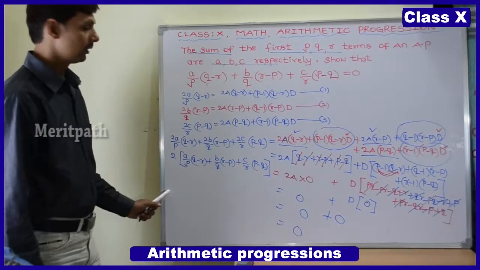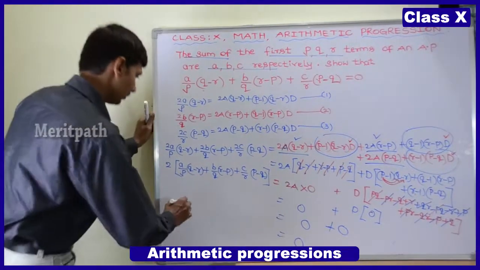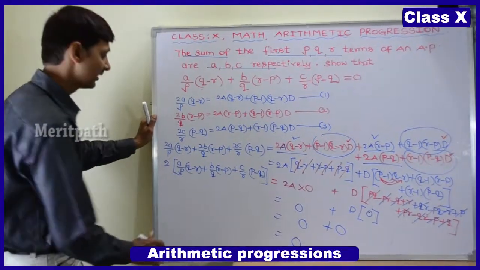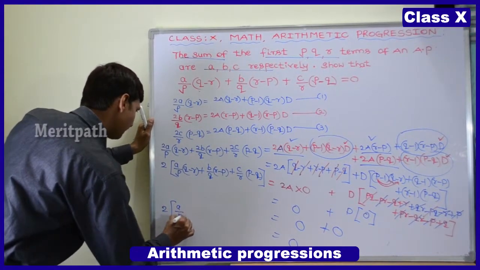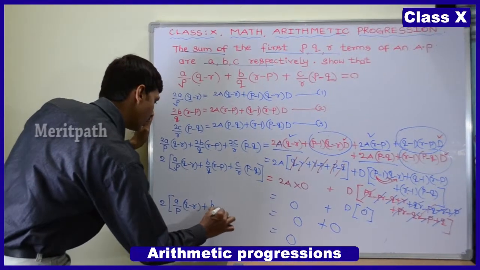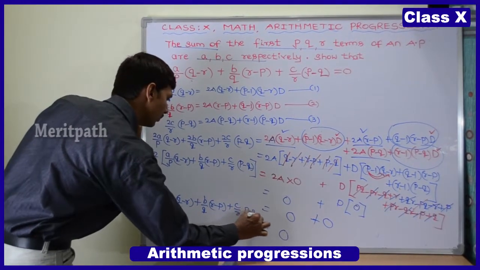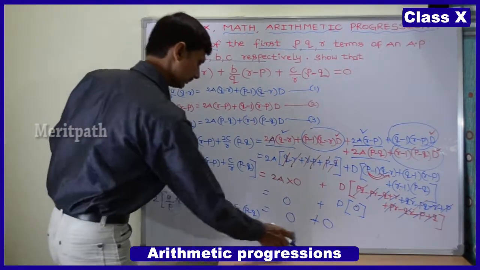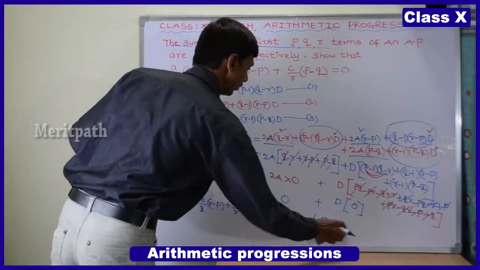Let us continue the same thing till the end: 2 into [a by p into (q minus r) plus b by q into (r minus p) plus c by r into (p minus q)] equals 0.